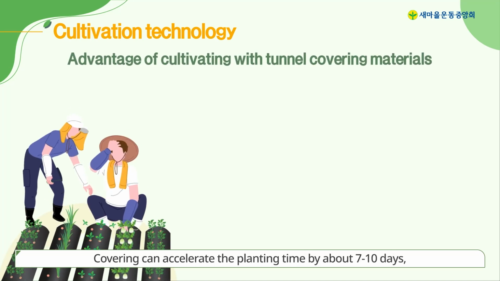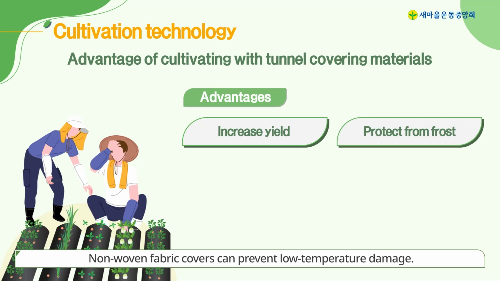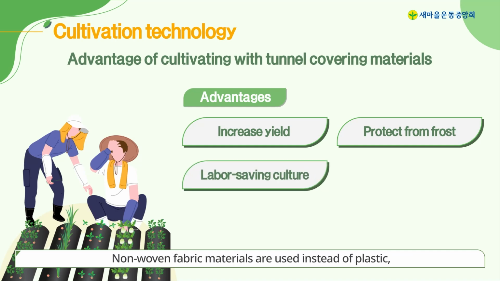Covering can accelerate the planting time by about 7 to 10 days, helping to prevent low temperature damage during the initial phase of cultivation and increase production. Non-woven fabric covers can prevent low temperature damage. Non-woven fabric materials are used instead of plastic, so venting is not required, reducing labor accordingly.